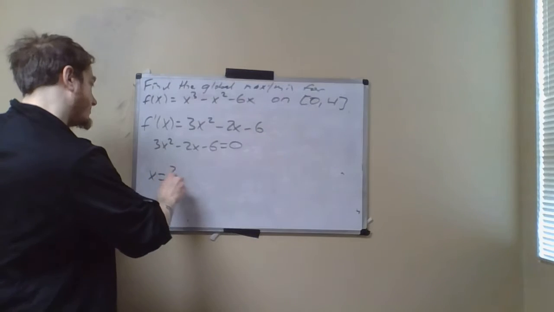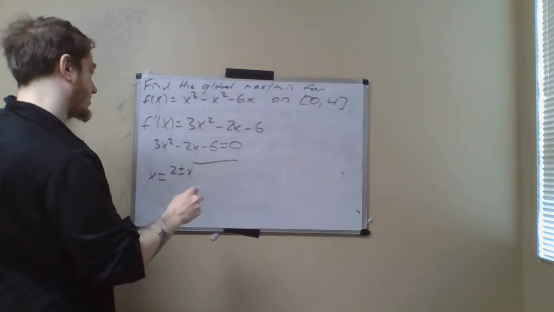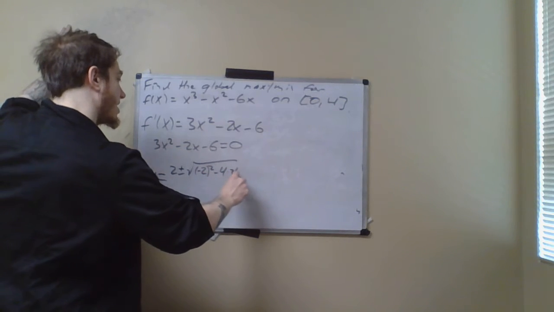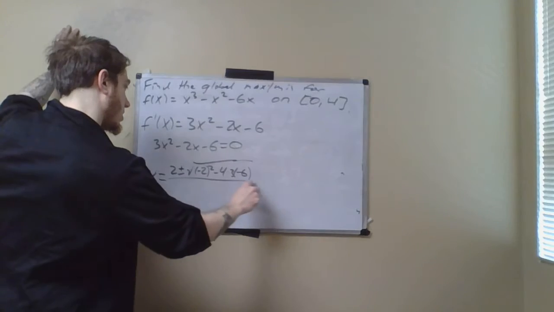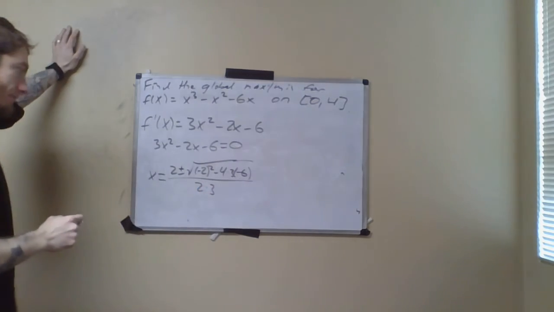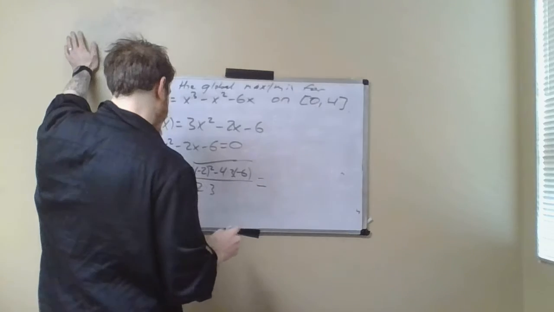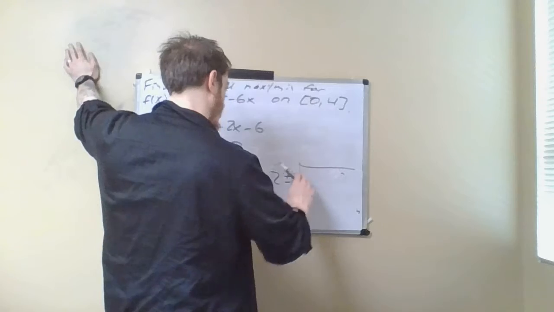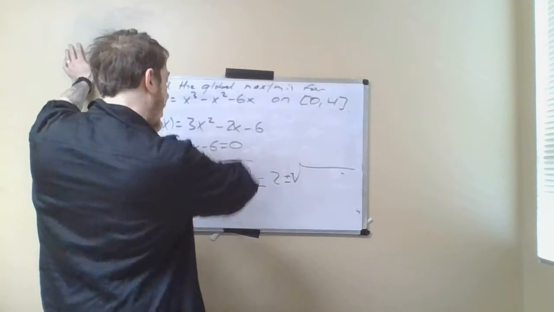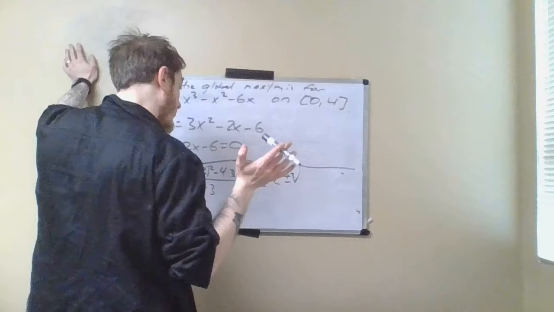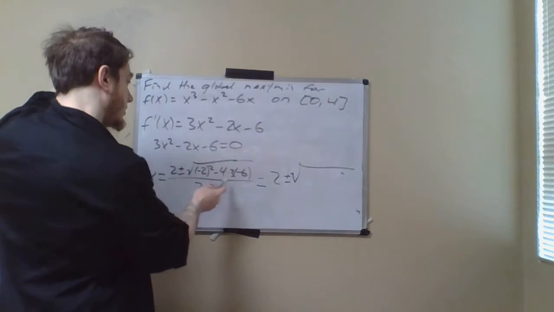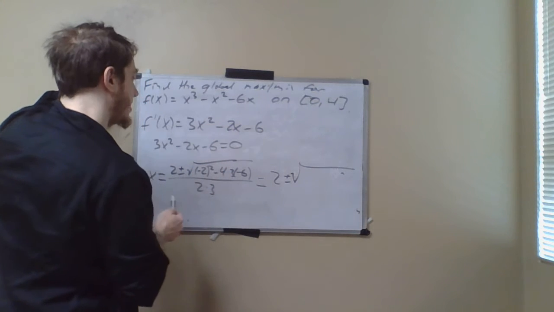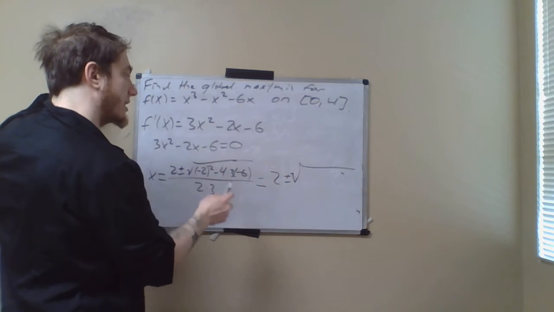So this is going to give me 2 plus or minus the square root of negative 2 squared minus 4 times 3 times minus 6, all divided by 2 times 3. This is going to give me 2 plus or minus the square root of, 12 times 6 is going to be 72, plus 4 is going to be 76.